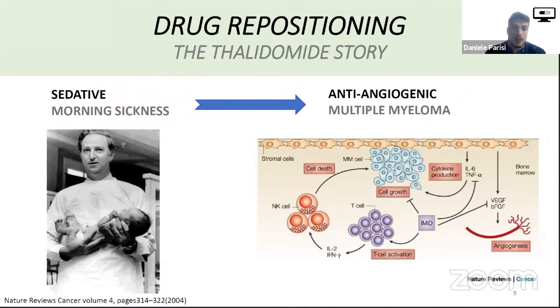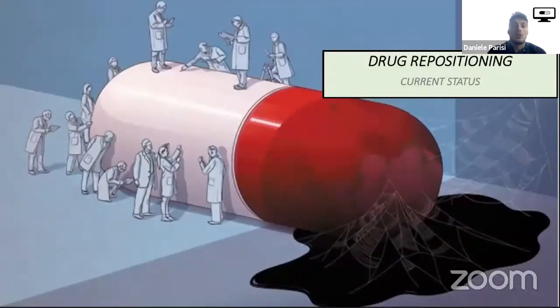So it became a very strong therapeutic tool against multiple myeloma. So something that was perceived as very bad then turned out to be actually an advantage for a different indication. So that's the main concept of drug repositioning, drug repurposing.